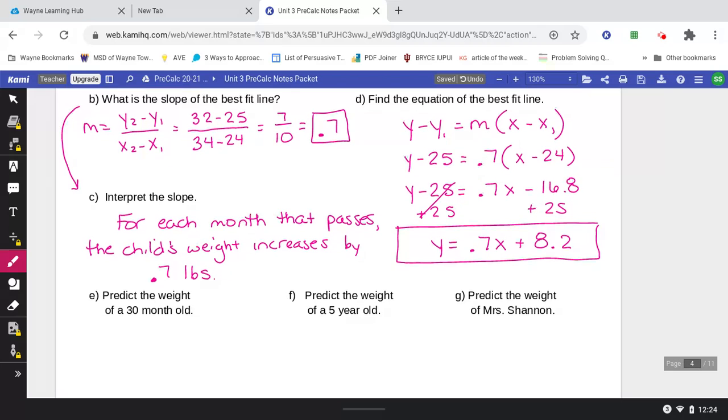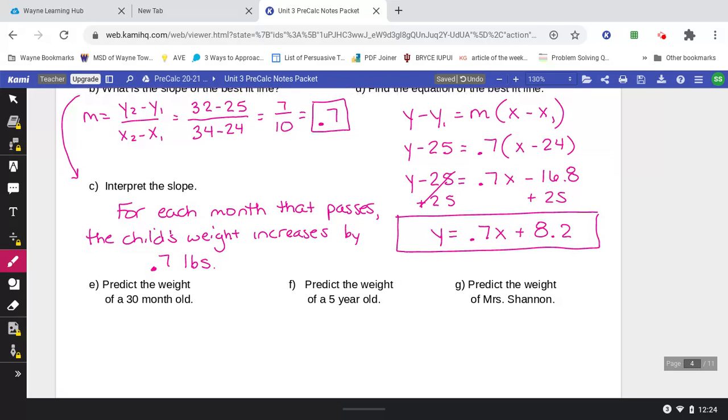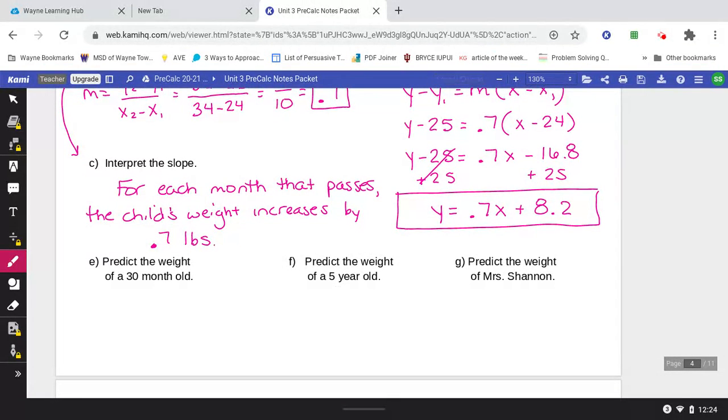All right, down here at the bottom, we're going to predict the weight of a 30-month-old. So make sure you're in months. We are. And all we're going to do is take that 30 and plug it in for this x over here. So y equals 0.7 times 30 plus 8.2.